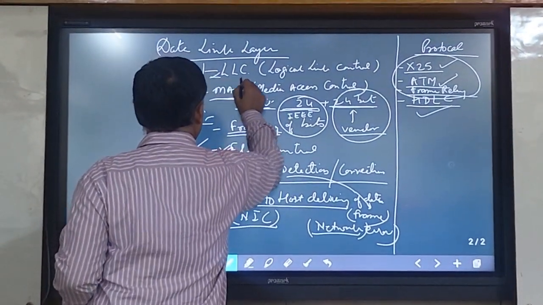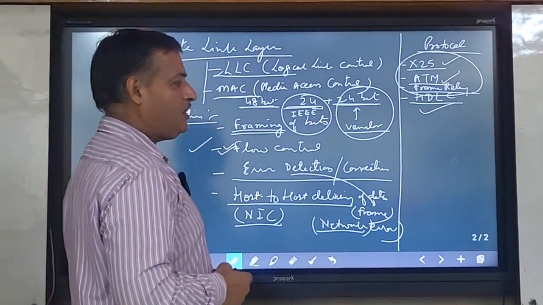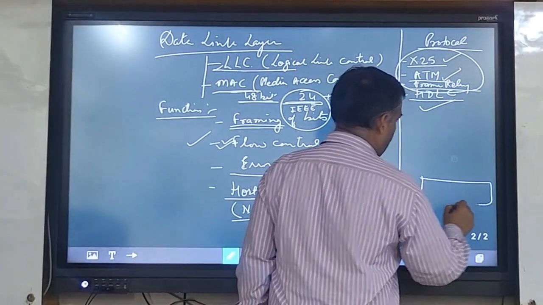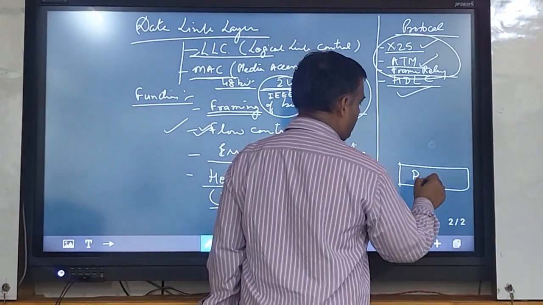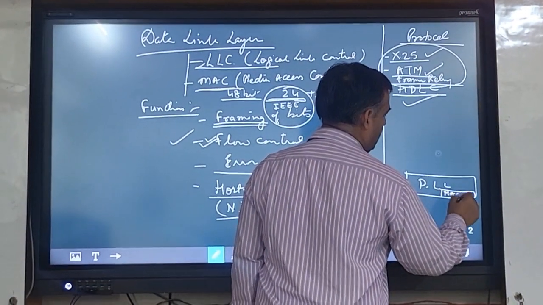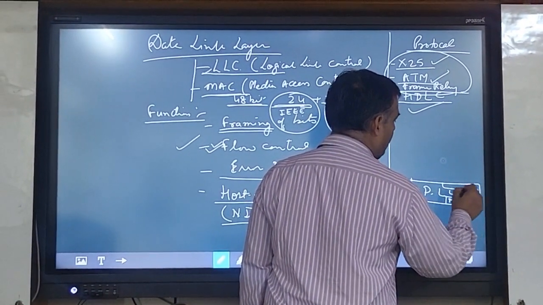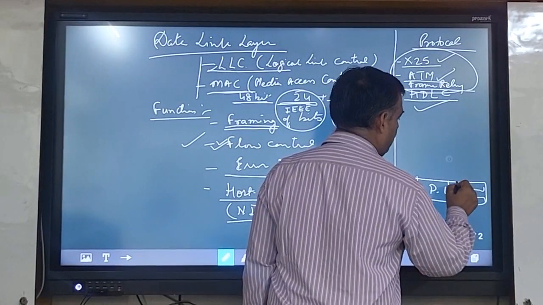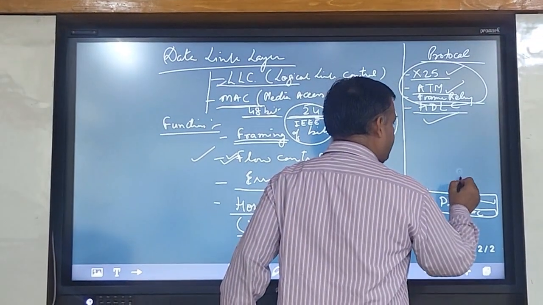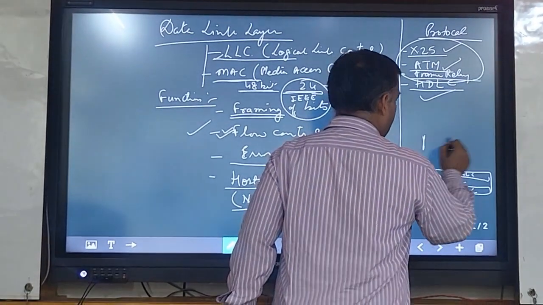Again, LLC is logical link control. If it is a data link layer, then the lower part is called the MAC, and the upper part is called the LLC. Why the upper part? Because it is directly in control of the network layer.